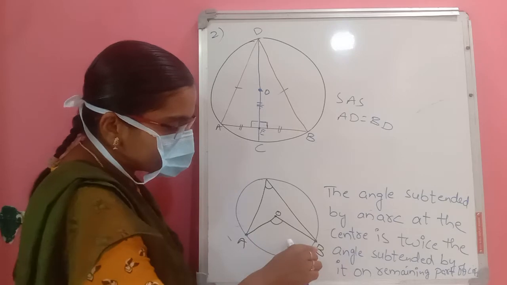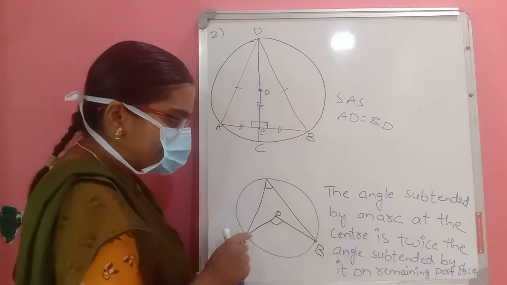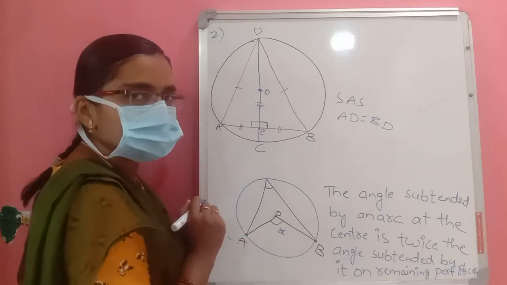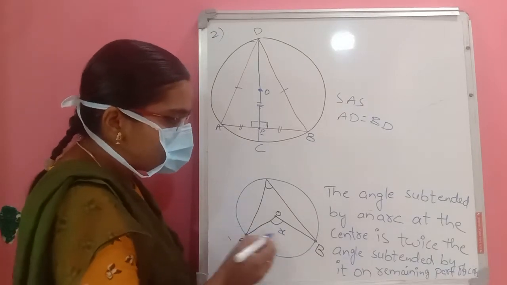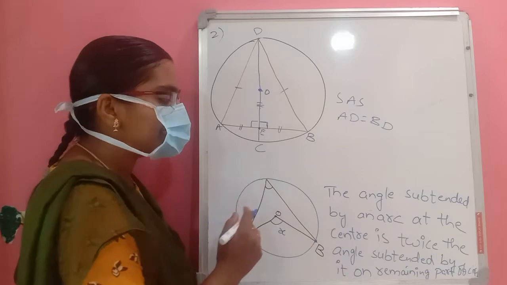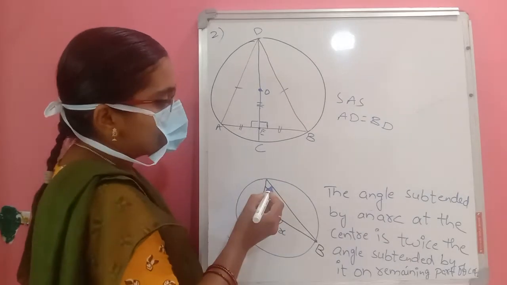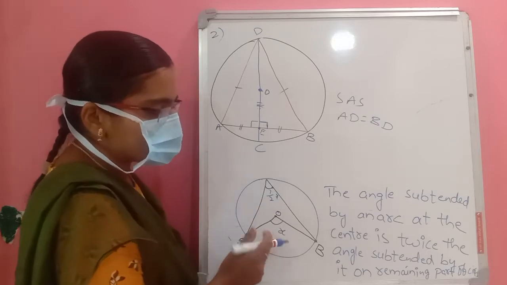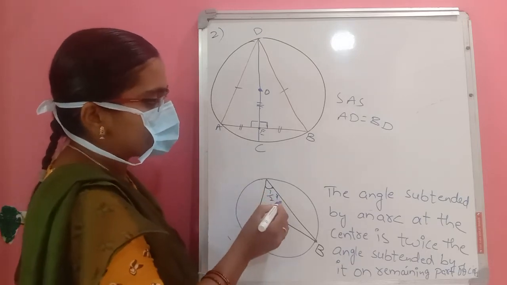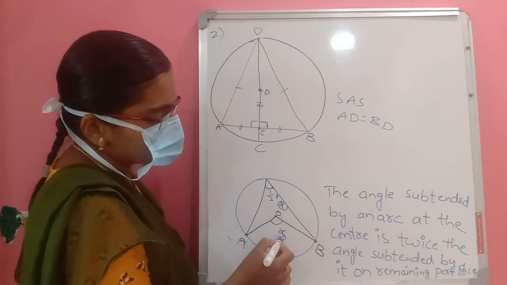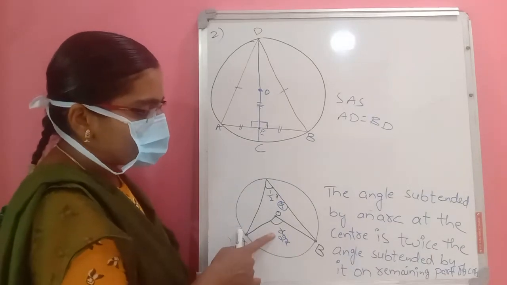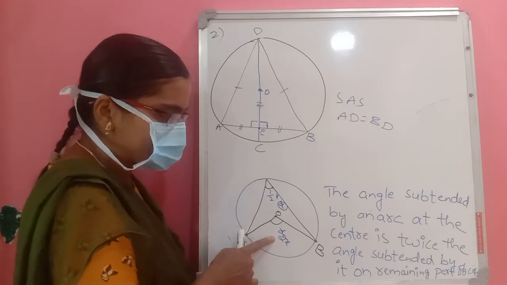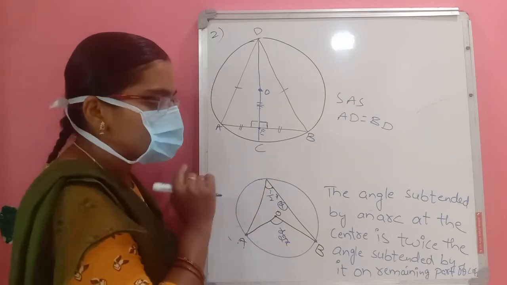So this arc AB is forming angle at O, which is X. Then this same arc makes an angle at the remaining part of the circle that is half of the angle at the center, or the center angle is double. If you take this as X, then this becomes 2x.